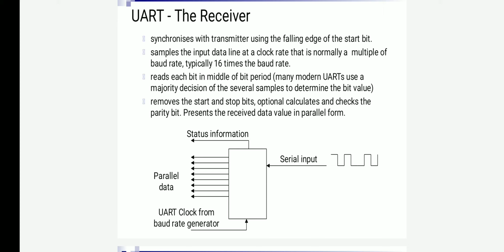Now at the receiver end, it receives the transmitted data and converts it into the original parallel data form. From the diagram we can see that parallel data is the output of this receiver, and serial data is the input of this receiver. The UART clock from the baud rate generator is required to generate the baud rate, and status information is given out.